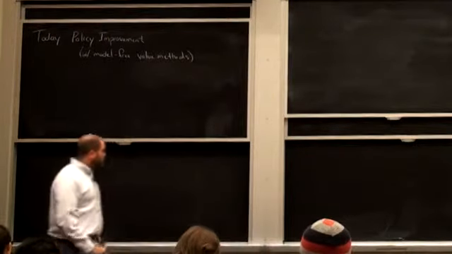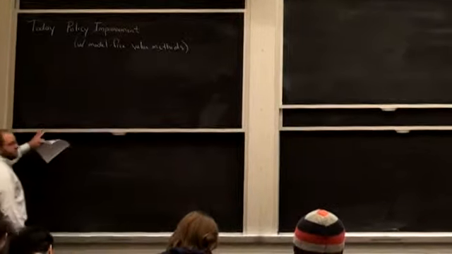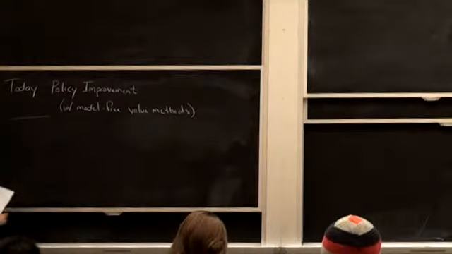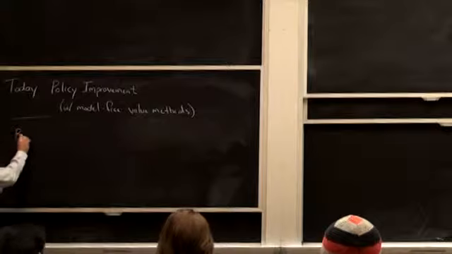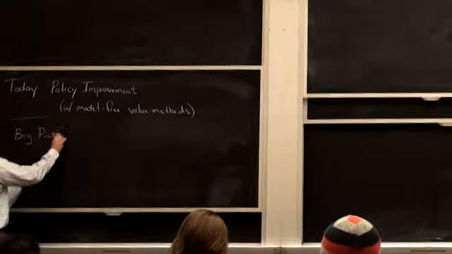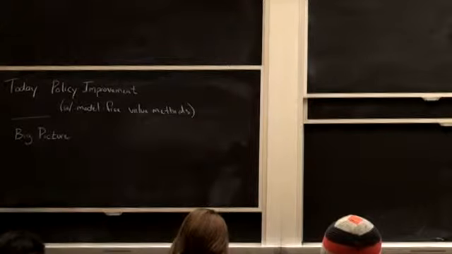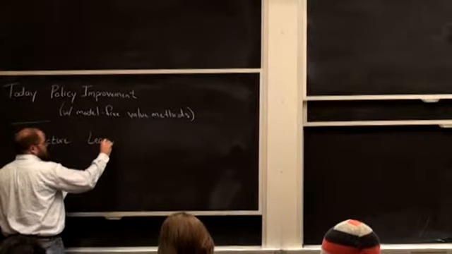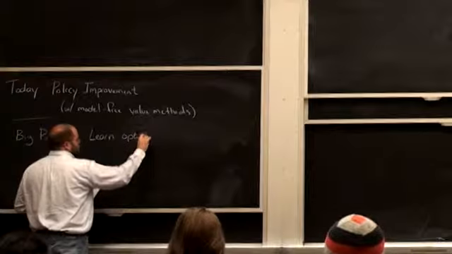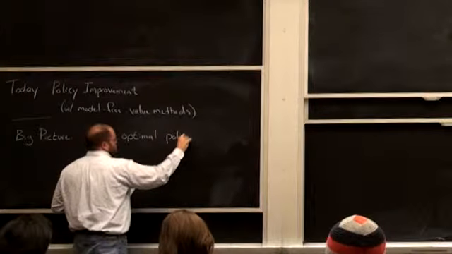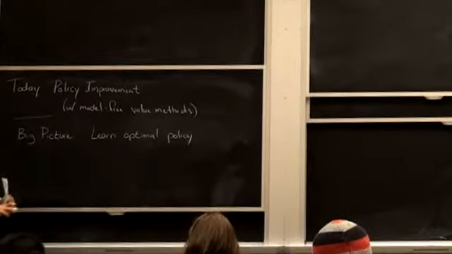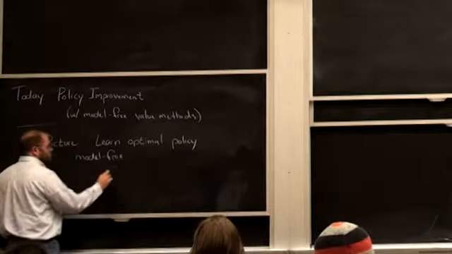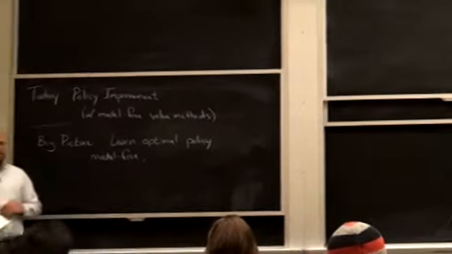So we started last time talking about these model-free methods, and just to make sure we're all synced up here, the big picture is that we're trying to learn an approximate optimal policy without a model, by just learning an approximate value function.